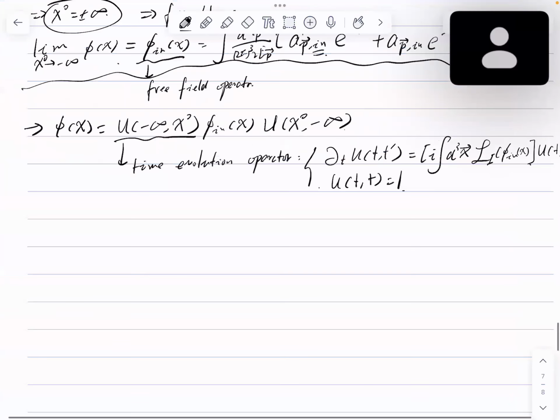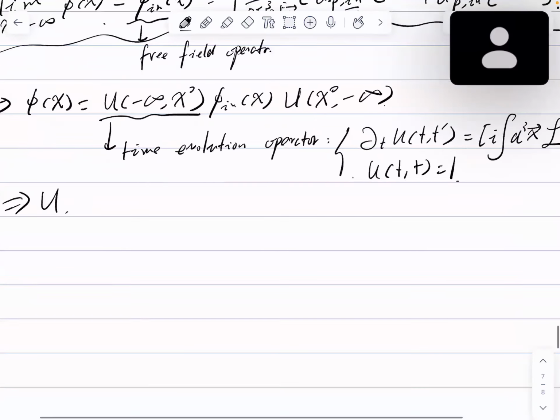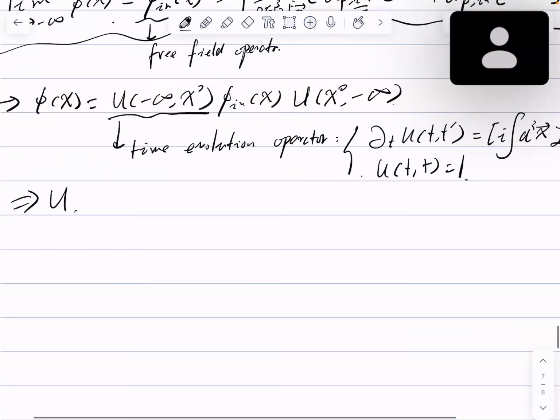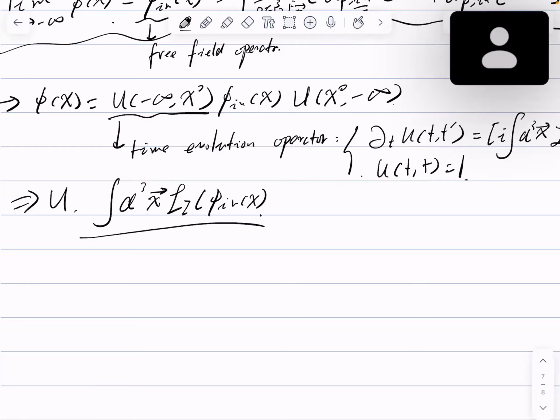So how do we solve such a time evolution operator? A naive solution is to put in an exponential solution. However, it is not correct, because we don't know whether the term φ_in(x) commutes with itself at a different time.